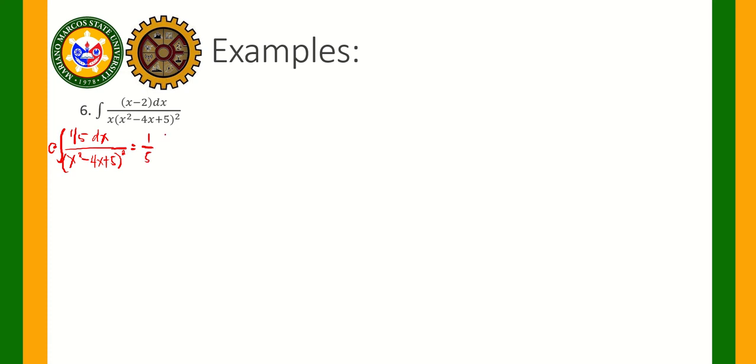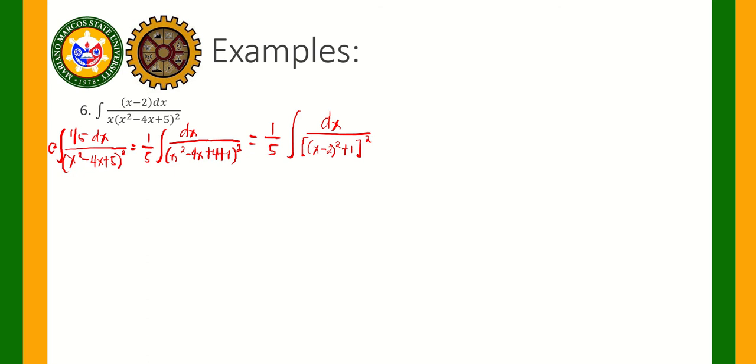This will be equal to 1 over 5, the integral of dx all over, we did this earlier in the third term, x squared minus 4x plus 4 plus 1, so that it becomes reducible. And we can rewrite this as 1 over 5, the integral of dx all over, it's squared pala, all over x minus 2 squared plus 1 quantity squared.